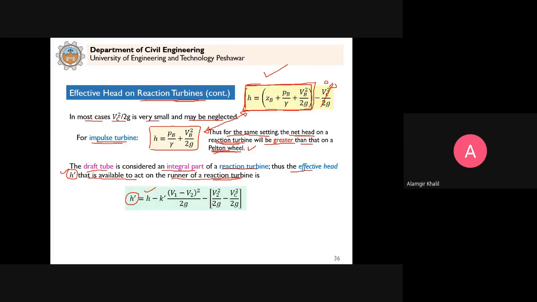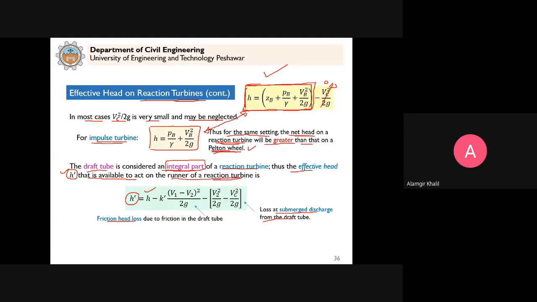So what are these losses? This is the friction head loss in the draft tube. Because the draft tube is considered an integral part of the reaction turbine, as the water flows in the draft tube, there will be friction. So that is coming here. And this is the loss at submerged discharge. We already studied these minor losses in our chapter 8, pipe flow.